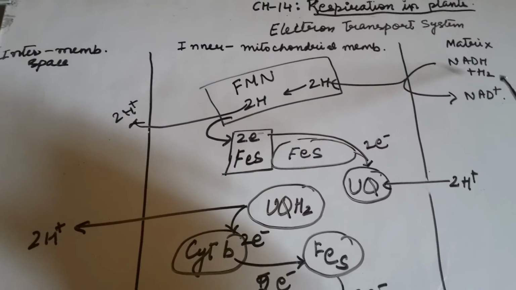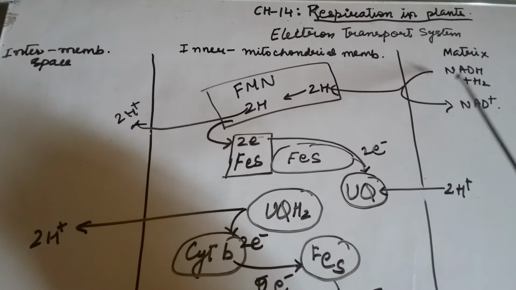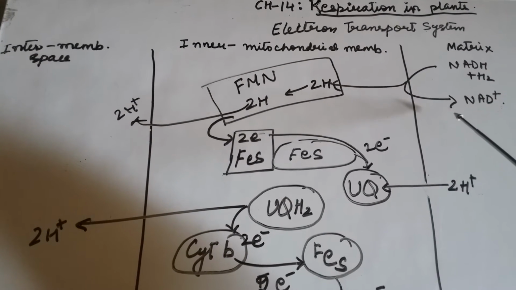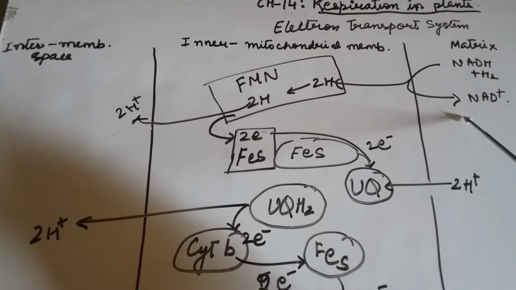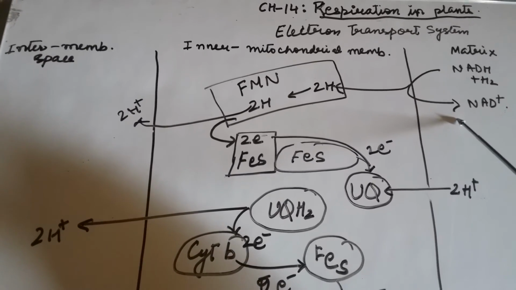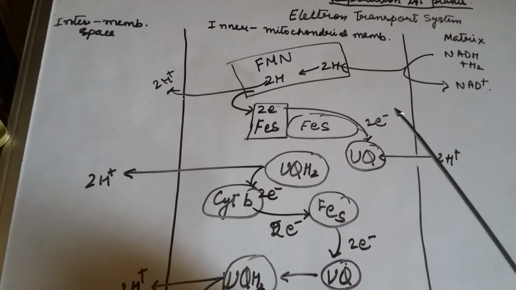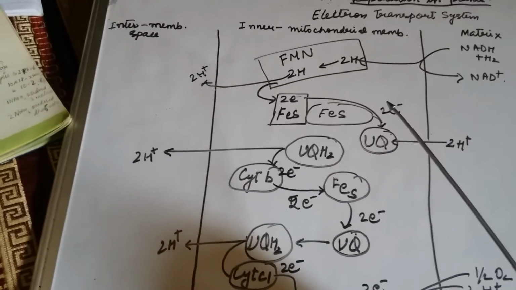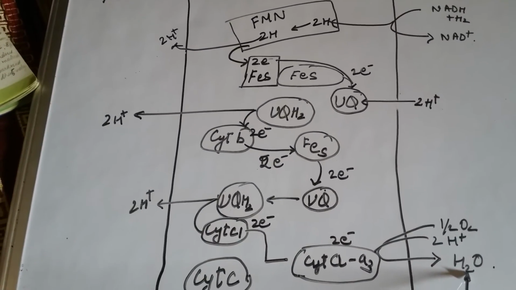Now, in this system, NADH, which is reduced from NAD plus in the TCA cycle, is oxidized through the electron transport system, and the electrons are passed on to oxygen, thereby resulting in the formation of water.